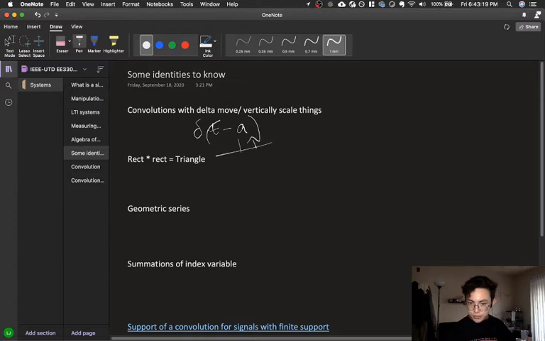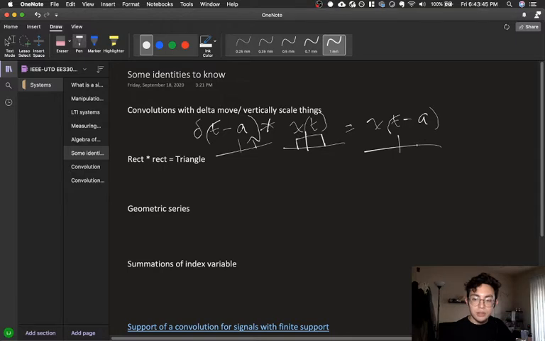If we convolve it with some signal x of t, this will be the same thing as x of t minus a, because we're just moving over the x of t. It's like a scanner almost. The delta function scans it in place, so it would be moved over to wherever that delta was.